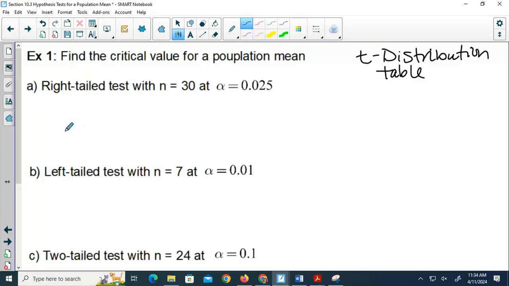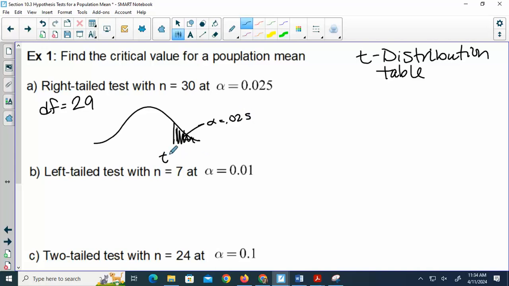On this you have to have a probability and a degree of freedom. If we have n equals 30, what would be our degree of freedom? 29. Right-tailed test. So what this means is that the area to the right, that's my alpha, is 0.025.